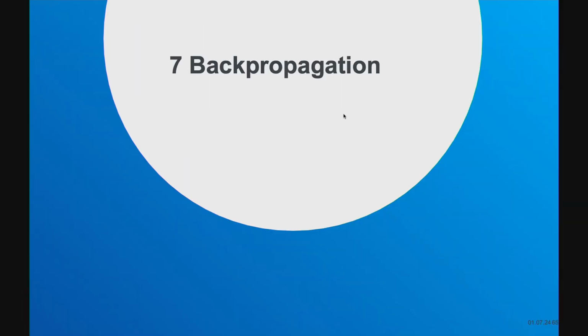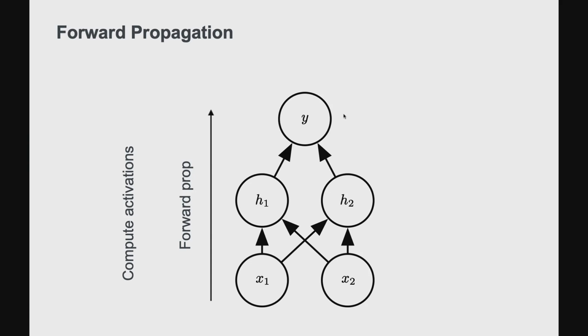Okay, so now the question, how do we do this gradient descent? How do we, in such a complex model, adjust our parameters? And the key vehicle for neural networks is backpropagation. First, in order to do a prediction, we do forward propagation. Forward propagation means we have here some input layer, some x1 and x2 for a particular object.